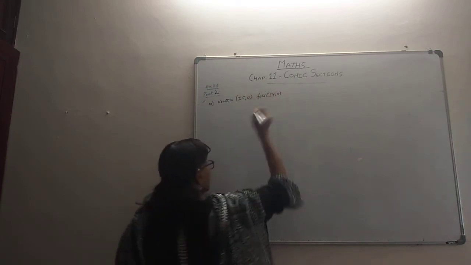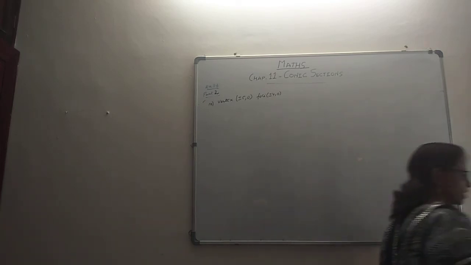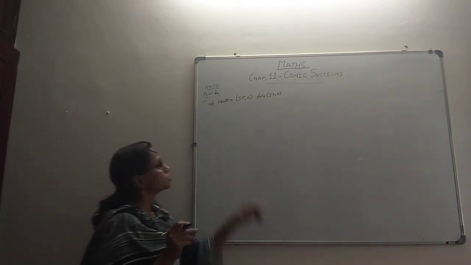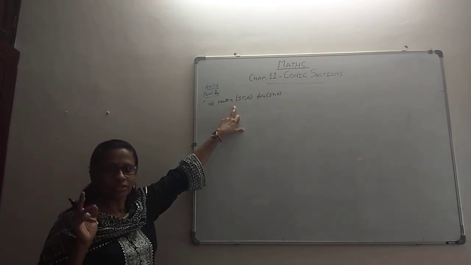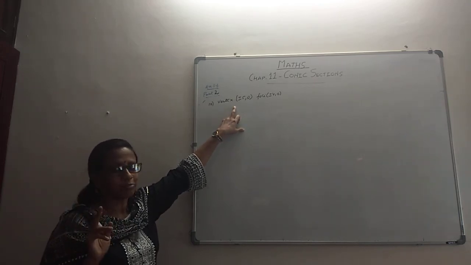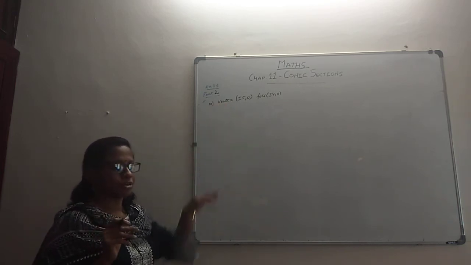First of all, we have to decide what kind of ellipse it is. It is an ellipse of type 1, that's clear. Why? By looking at the coordinates of the vertex and the foci, it's clear whether it's of type 1 or type 2. So we generalize.